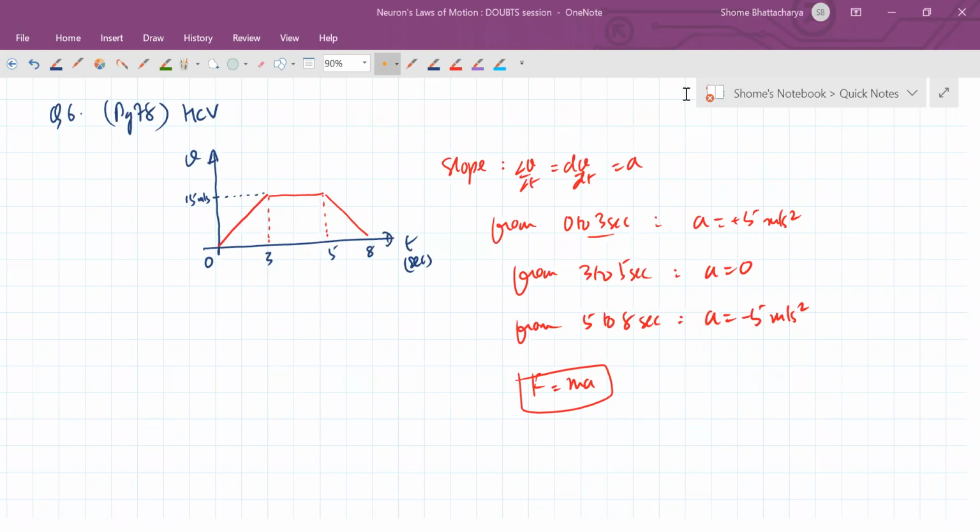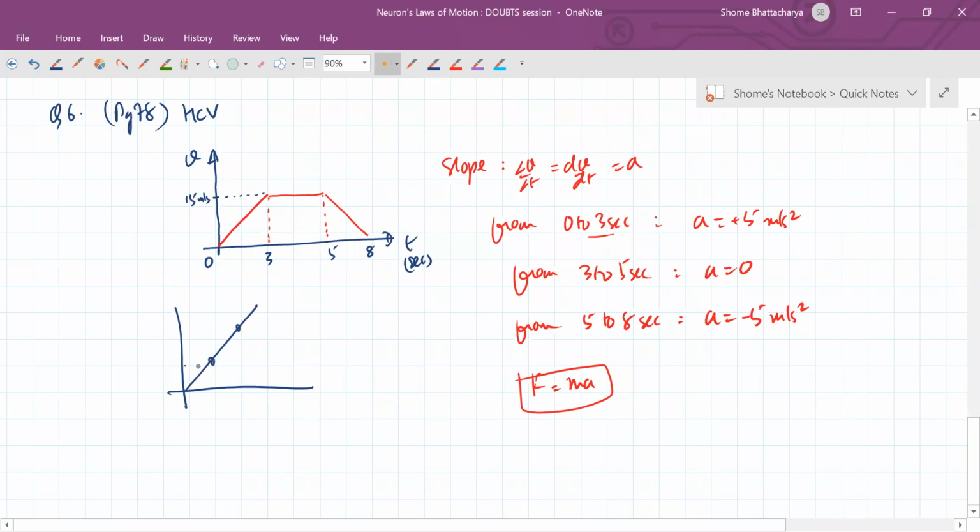Slope, beta, Viraj, from the slope y2 minus y1 upon x2 minus x1. When we have a graph like this, a velocity versus time graph, the slope is for a straight line.